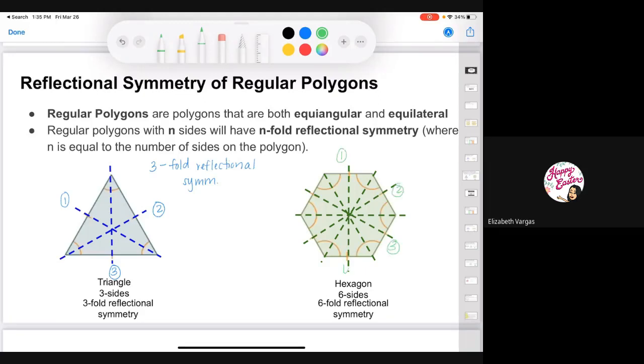So if I know that this hexagon has 6 equal sides, because it has 6 sides, then I can just automatically say, okay, then that hexagon has to have 6-fold reflectional symmetry. And again, we say fold reflectional symmetry to represent the lines of symmetry. So that's the unique thing about regular polygons: the number of reflectional symmetries is equal to the number of sides. Okay, any questions here?